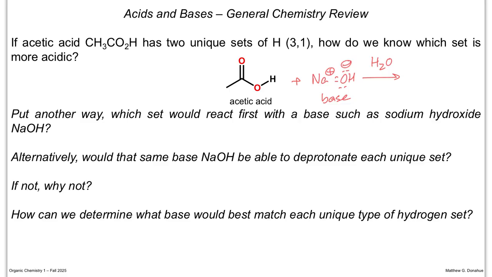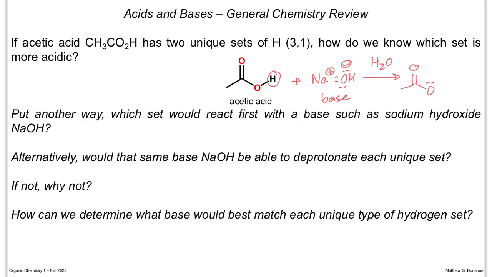In one definition of acid-base reactions, a base will abstract a hydrogen, and an acid will donate a hydrogen. So that's one theory or definition. So if we say of the two sets, that one is the most acidic, the base is going to abstract that.